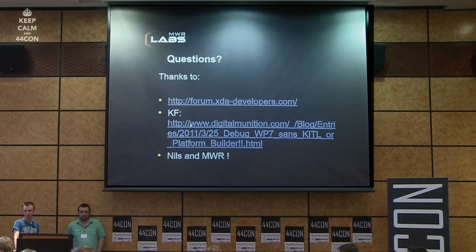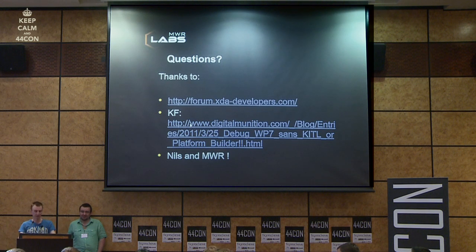Is that vulnerability the JPEG vulnerability? So the question is whether it's the JPEG vulnerability. The vulnerability is in Internet Explorer 7. Mango is out soon, really soon, but I'm not going to disclose what the vulnerability is.